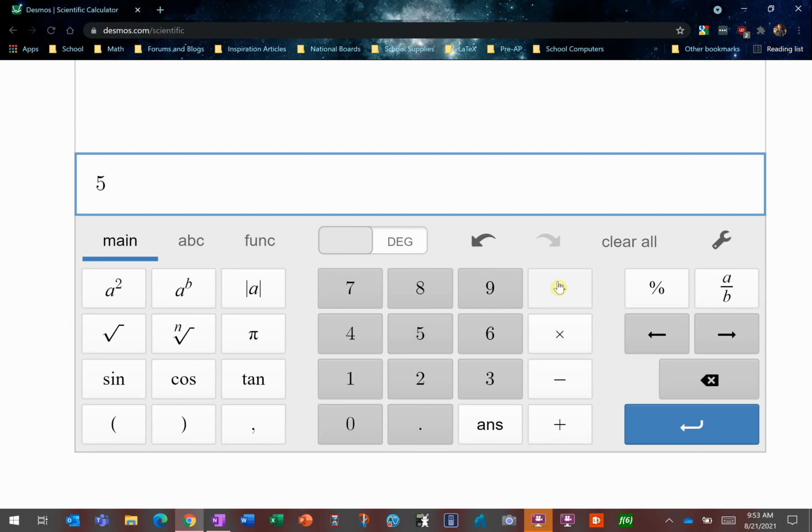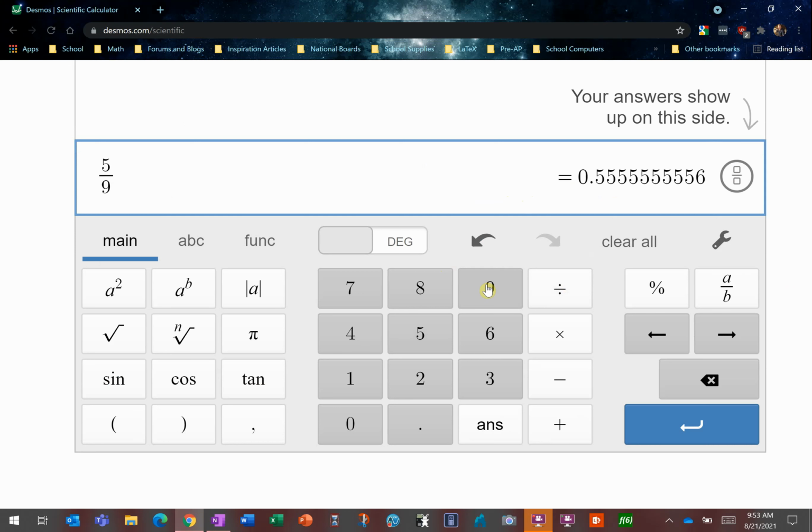So I can actually do 5 divided by 9, and you'll see it pop up here. I haven't done any math with it yet, but you'll notice that it automatically converts it to a decimal, 0.5 repeating. Most calculators will round the last digit because technically it's 5 forever, and your calculator eventually is like, okay, I give up. I'm going to round if I can, and 5 will round up to a 6.